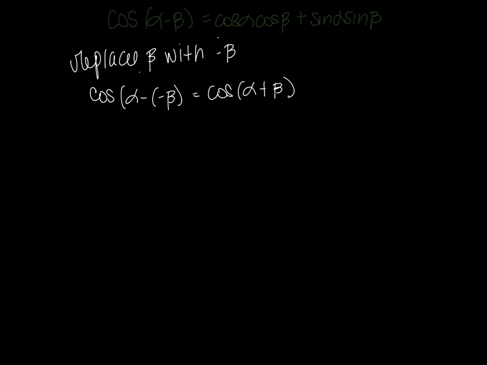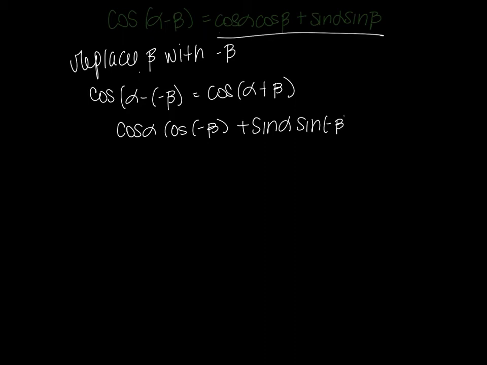But let's see what happens to the rest of the expression when we do this. So we're left with cosine alpha cosine negative beta plus sine alpha sine negative beta. So we need to go back to our even and odd identities.